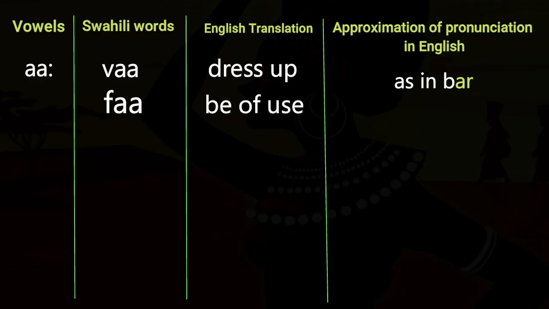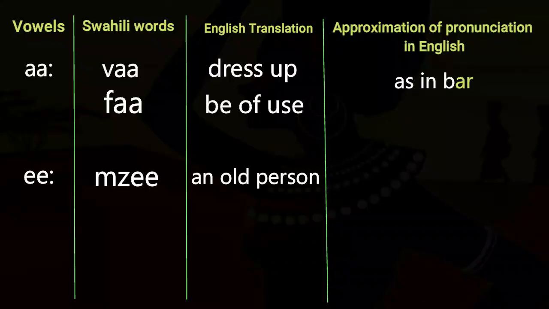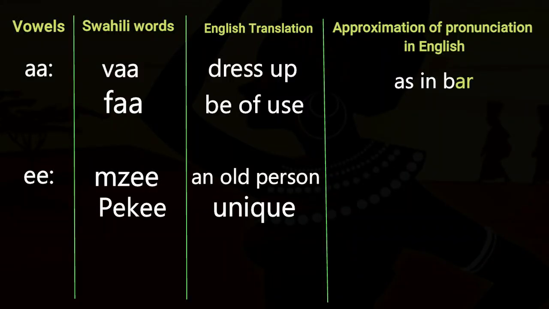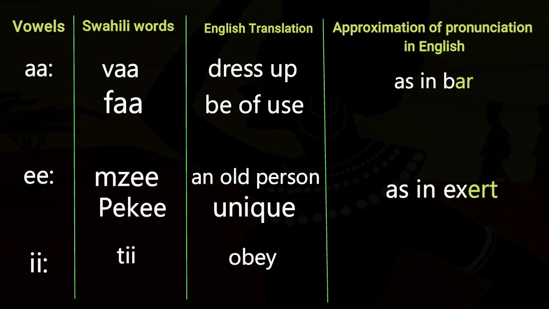Another sequence is e, e, in words like mzee, an old person, peke, unique, as in exit. The last sequence is i, i, in words like tii, obey, miiba, thorns, as in be.